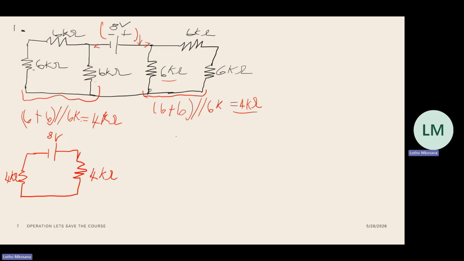We'll then be able to calculate our total current, which will be given by IT is equal to V over RT. V over RT is given by 4K plus 4K.